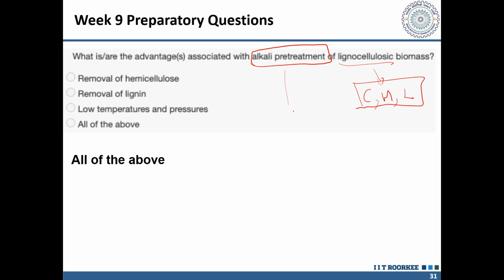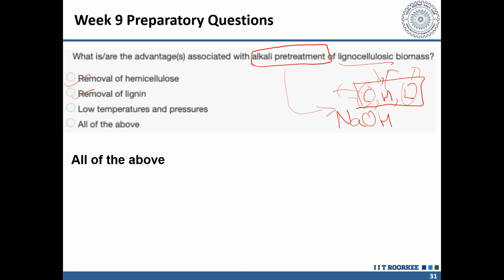Alkali treatment means treating this biomass with NaOH, which is an alkali, in order to separate the lignin and hemicellulose from the biomass. So we are removing hemicellulose and we are also removing the lignin just to obtain the cellulose.